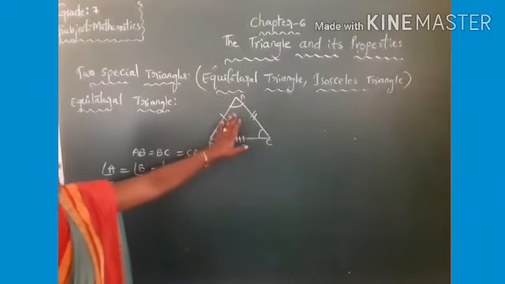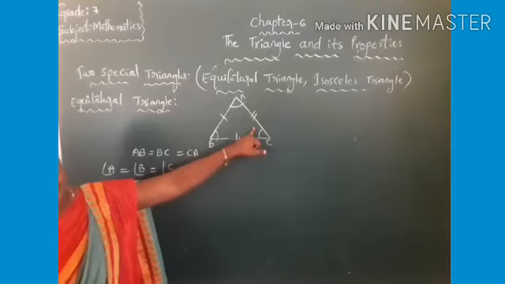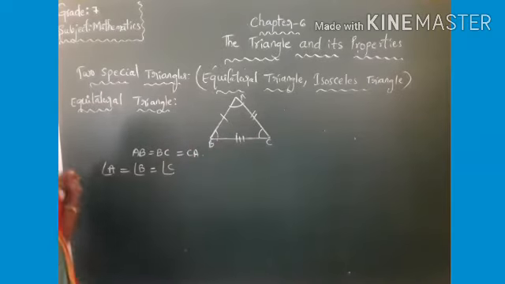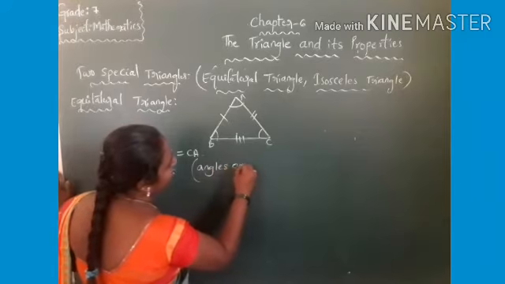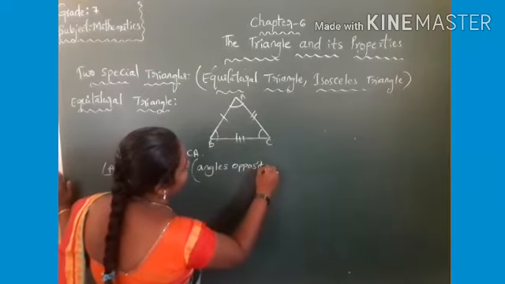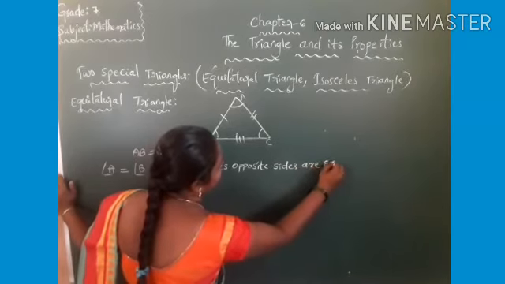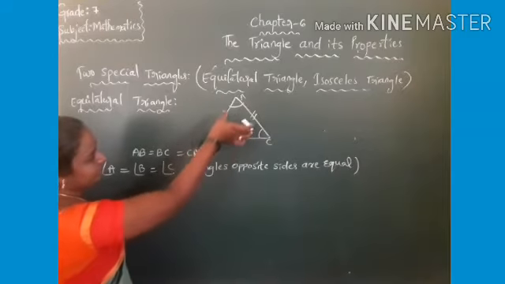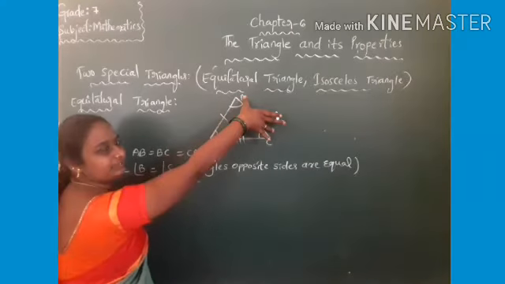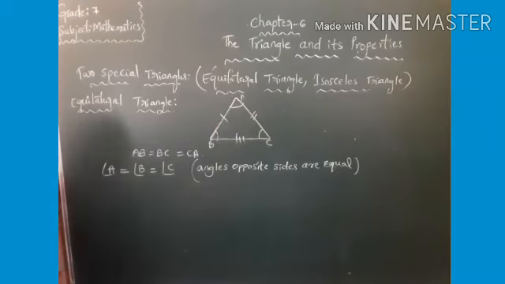Because angles opposite equal sides are equal. Angle B's opposite side is AC, and the angle opposite AC is angle B.